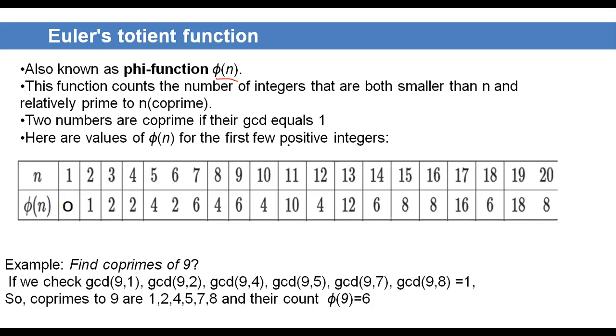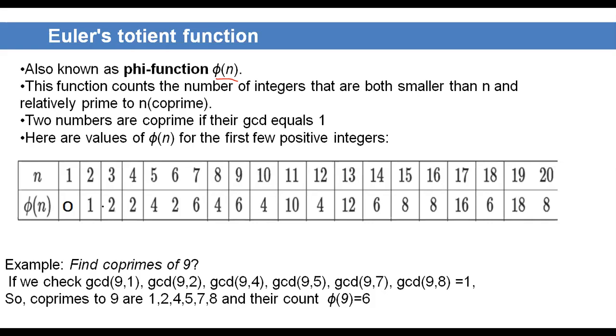So if you wanted to know the number of integers which are less than n and relatively prime to n, that means the numbers which are co-prime to n.